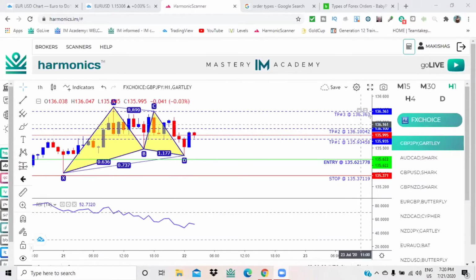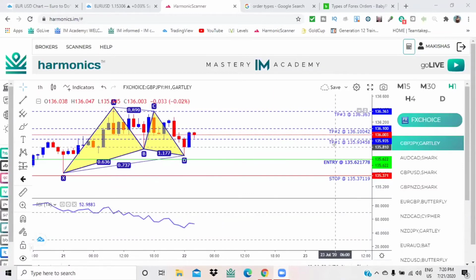So all I did was come over here and find a pair. You see up here at the top, it's GBP JPY. Can y'all see that? I think you can. That's all I need to know, the pair. Then I just look at these numbers and copy them straight. It says stop, so I'll put that on the red side on my Android, or the stop loss side on the Apple phone.